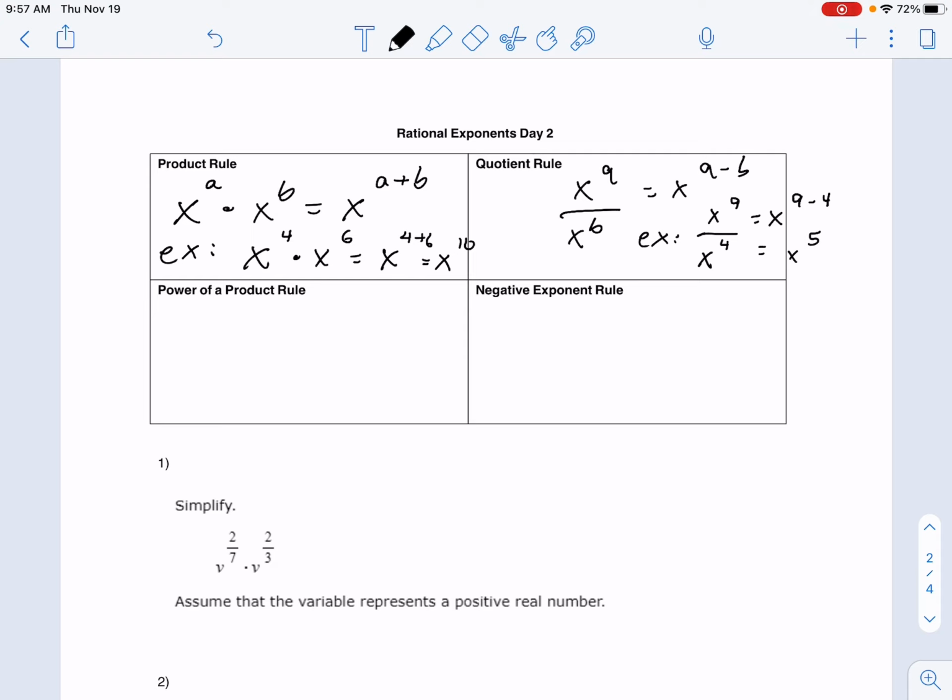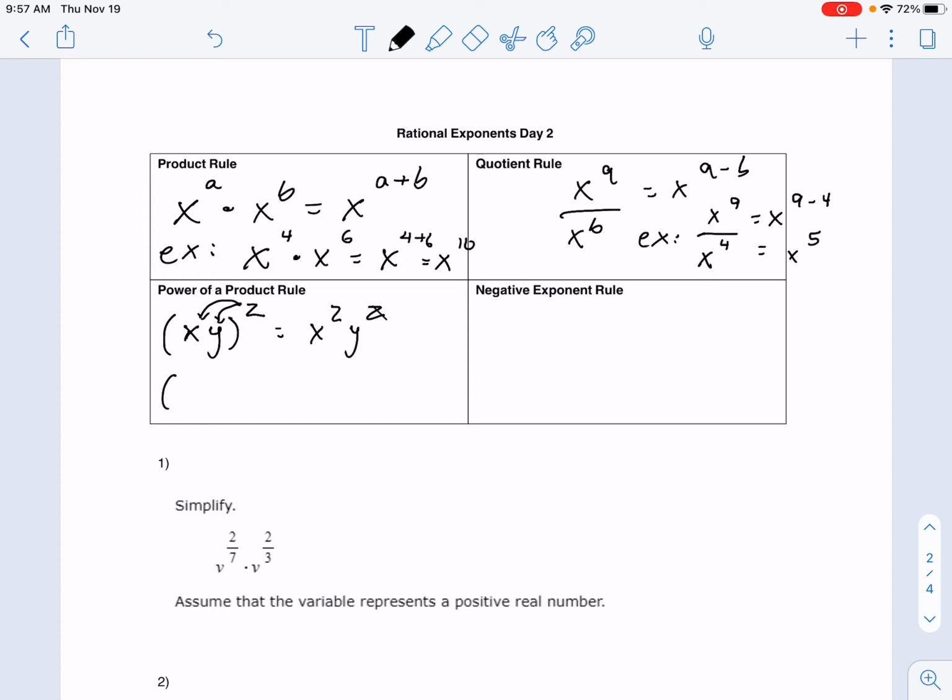Power over product rule. So that's when we have a product xy to the z. That means we distribute the exponent to both terms inside. That's going to be x to the z power, y to the z power. So they're both going to get that exponent of z.